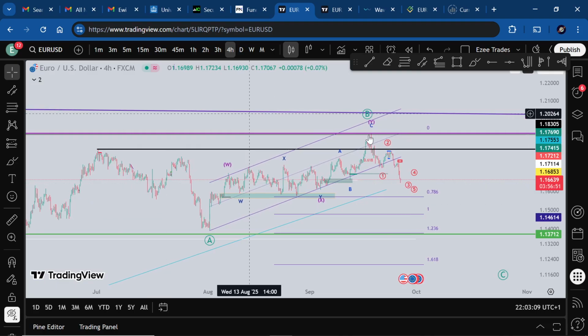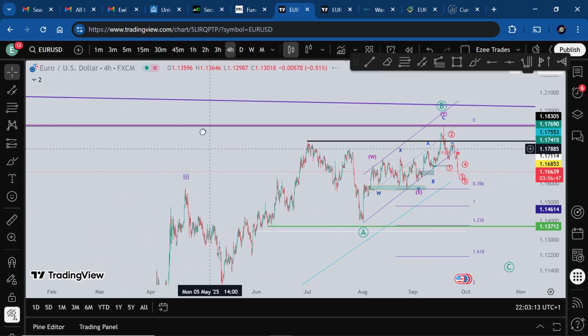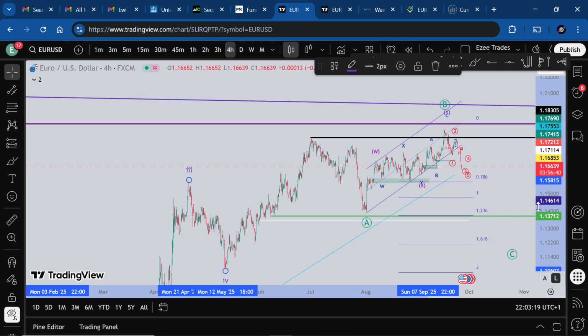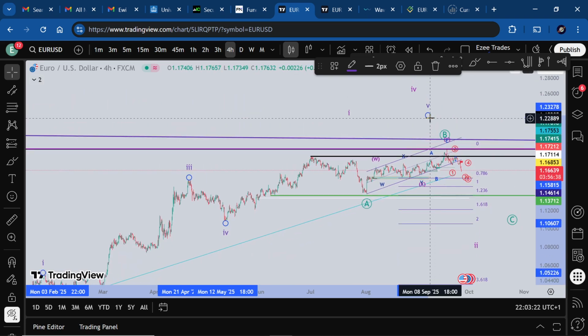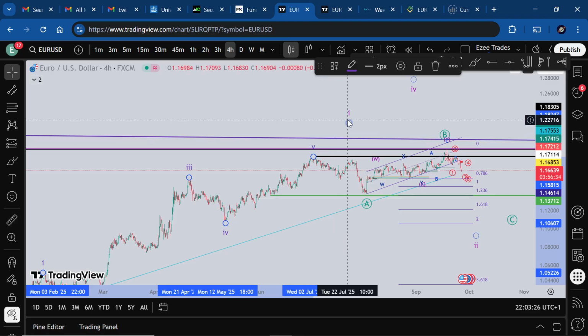I don't know, just because of the look. But indeed, this is how I'm labeling this. Okay, 3, 4, where's 5 gone? There it is. So 5 goes here, and that gives us our 1.